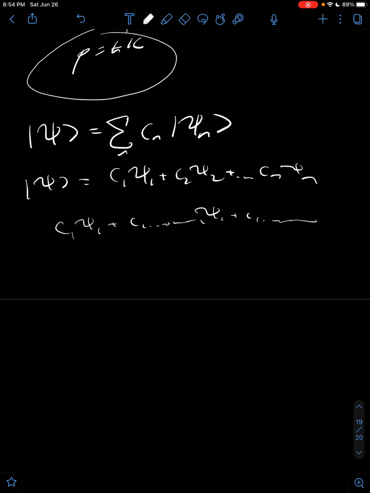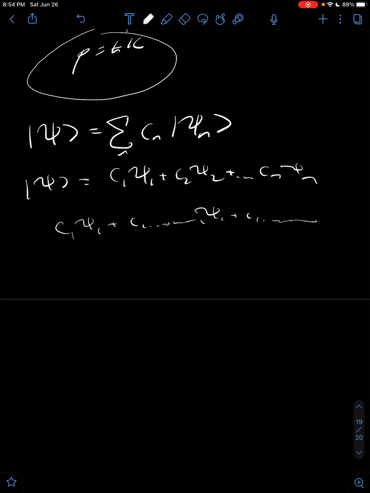What I'm trying to make you understand is that since we are adding a number of eigenstates and the separation of those eigenstates is continuous, then the sum is an integral instead.